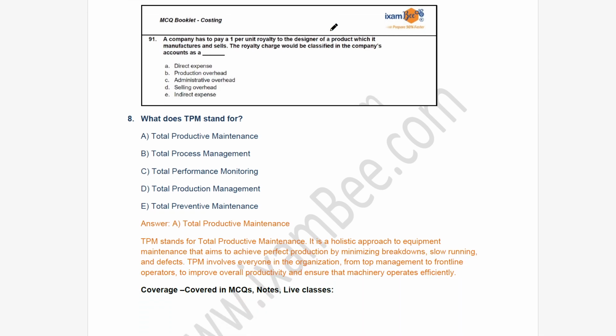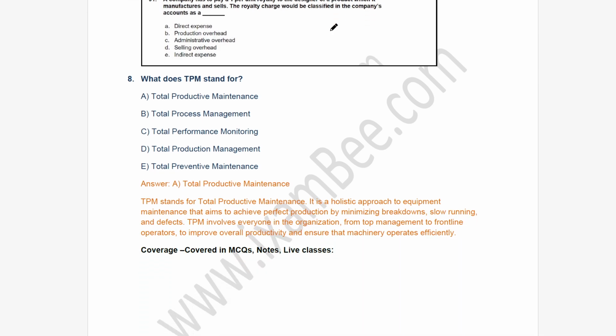Lean systems, as I said, we got 2 questions from the lean systems. A very easy one, full form of TPM was asked. TPM is one of the lean system methods, which stands for total productive maintenance, where it talks about how regular maintenance, of different types, should be done to ensure continuity of the production process, and that there are no breakdowns or slowdown in the production process, right?